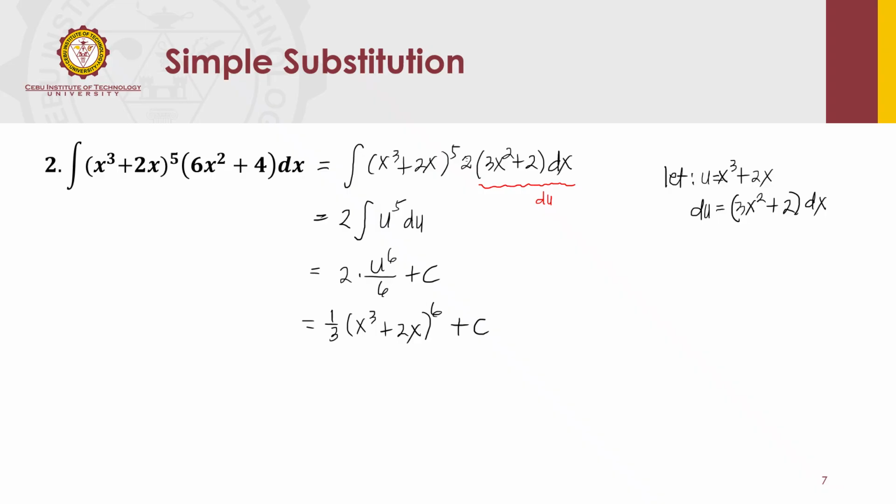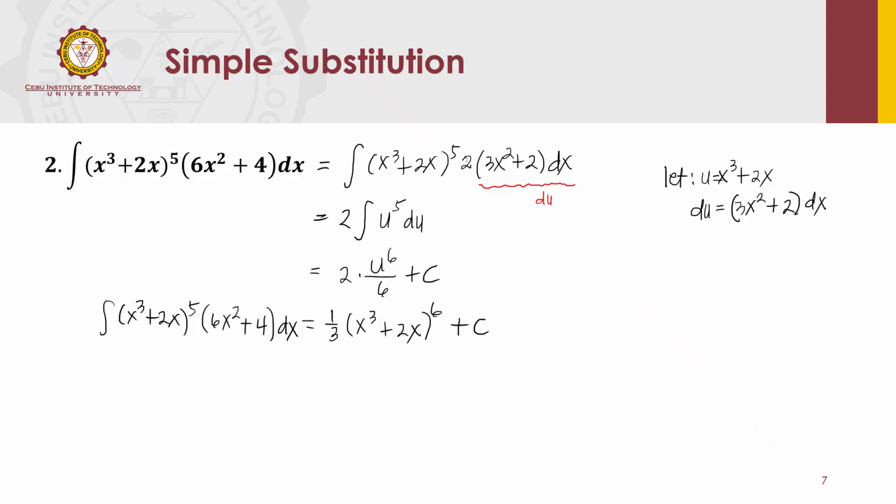Or you can put the 3 below the x cubed plus 2x, quantity raised to the power of 6. So therefore, the value of this indefinite integral is 1/3 times x cubed plus 2x, quantity raised to the power of 6 plus c.